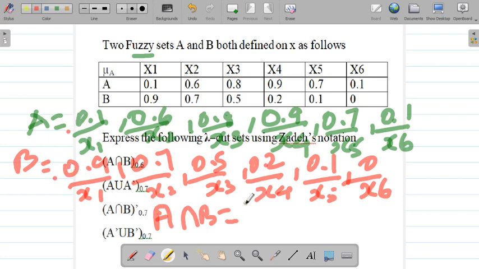Which one is minimum? 0.1. Then here 0.6, here 0.7. Which one is minimum? 0.6. Next one, here 0.8, here 0.5. Which one is minimum? 0.5.